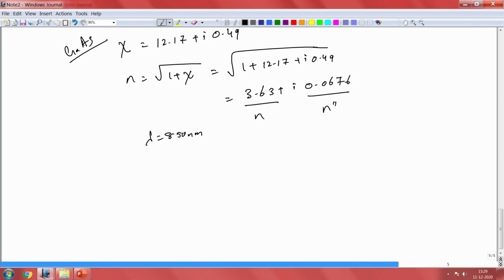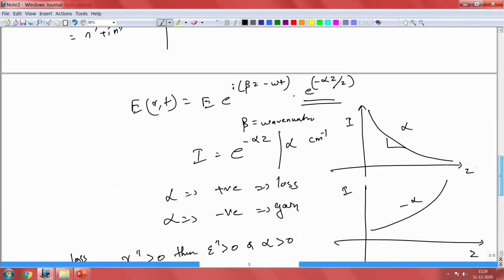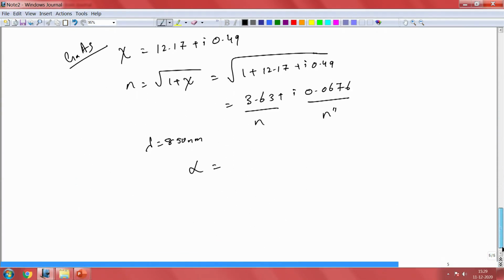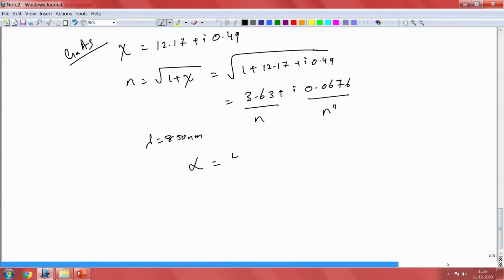In order to do that, let us look at alpha now. I need to calculate the absorption coefficient. The absorption coefficient is given by alpha over 2, that is what we saw here, you remember, alpha over 2, that is kz. So, alpha is nothing but 4 pi n double dash over lambda, and this is coming from 2 k.